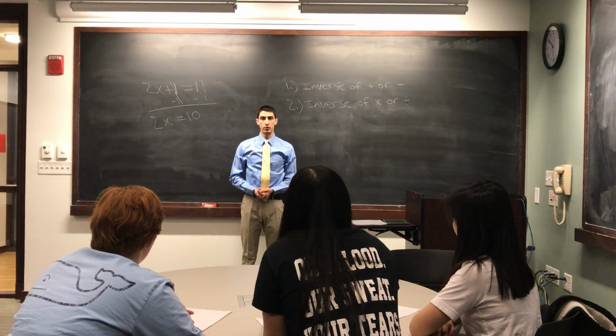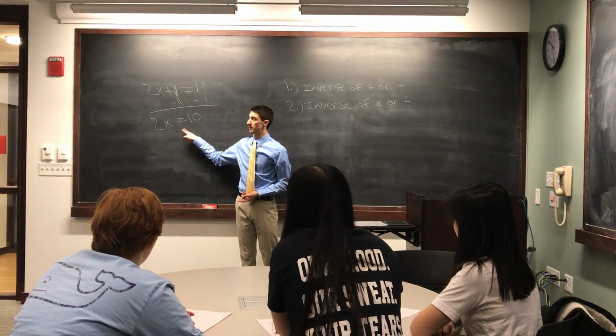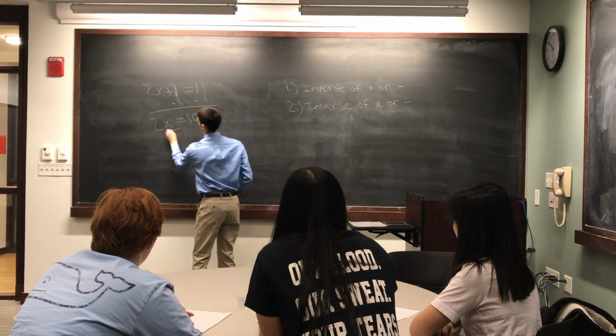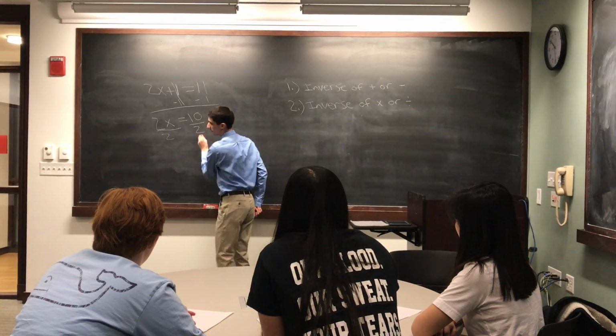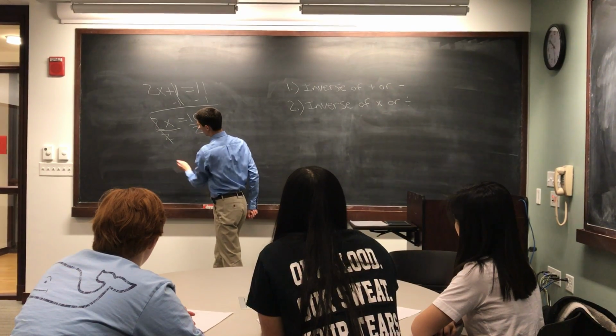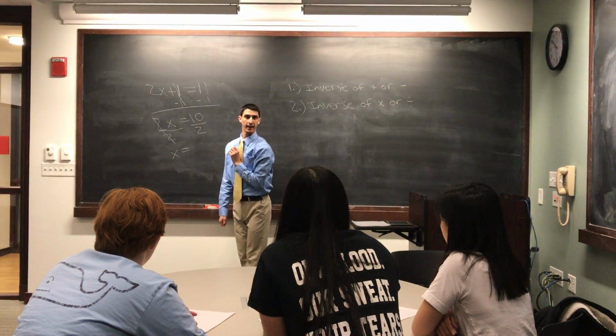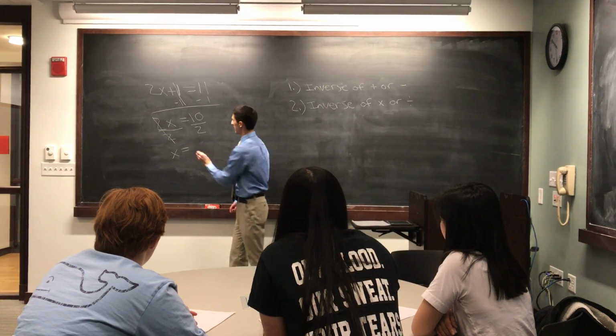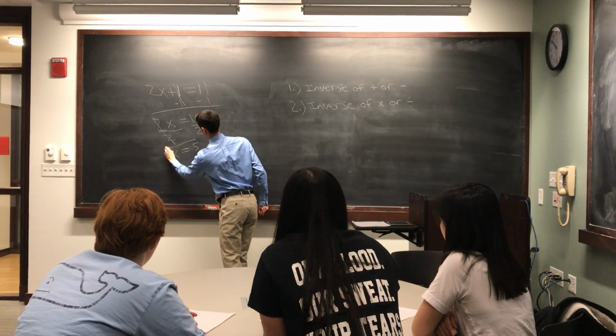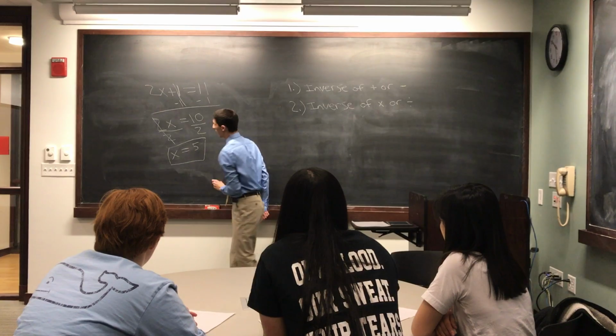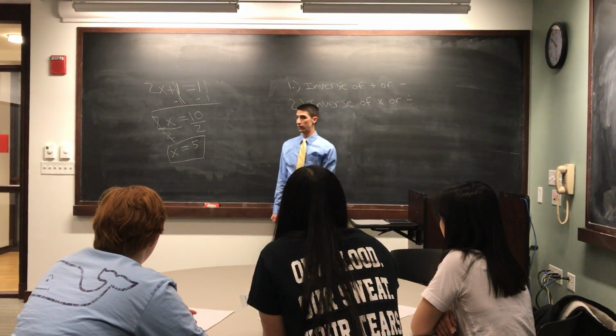So in order to undo this, we need to divide both sides by 2. And we can see that the 2's cancel, and then we're left with 5. Great. So our final answer is x equals 5.